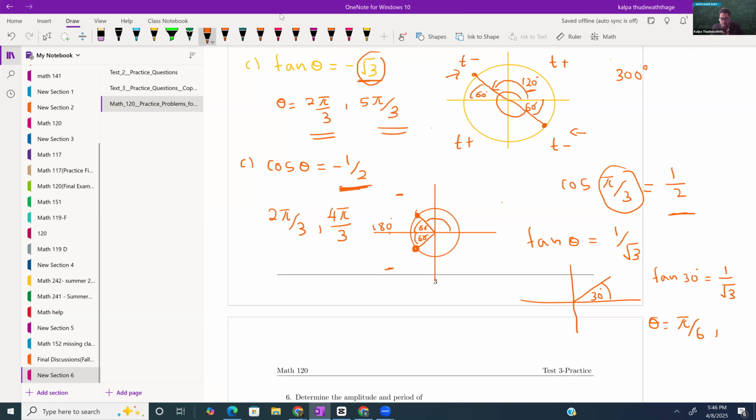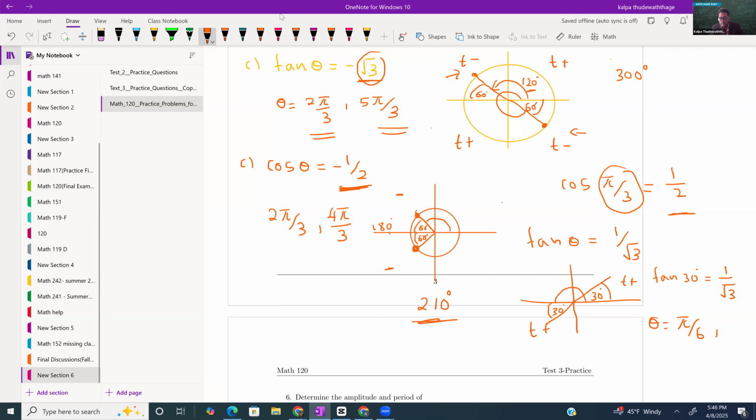The other one is, because tan is positive here, the other positive angle is here. So 30 degrees is the reference. The reference angle is 30, which means 180 plus 30. So it's 210. The other angle is 210.